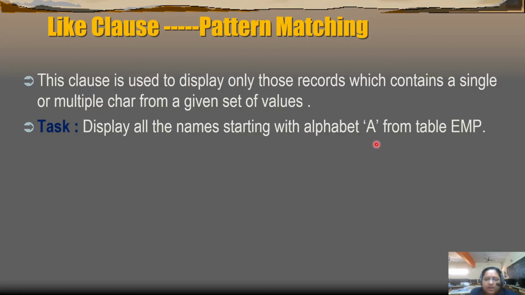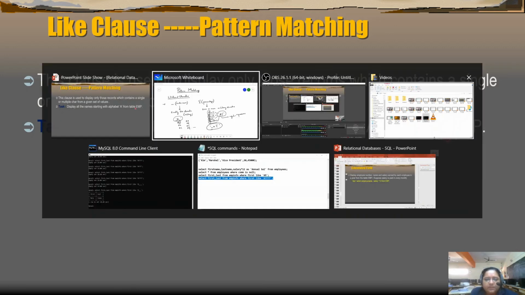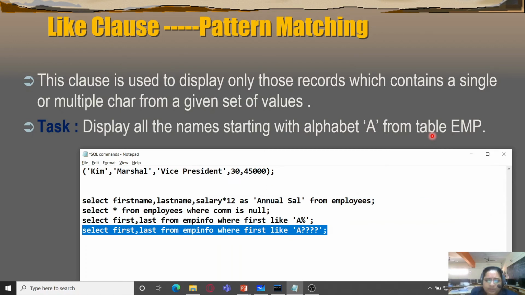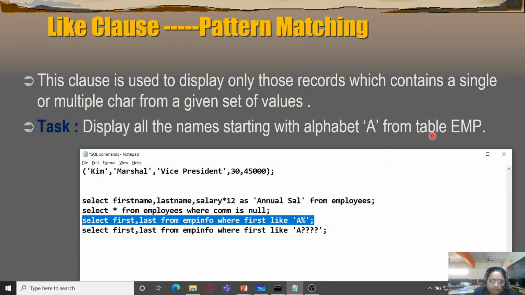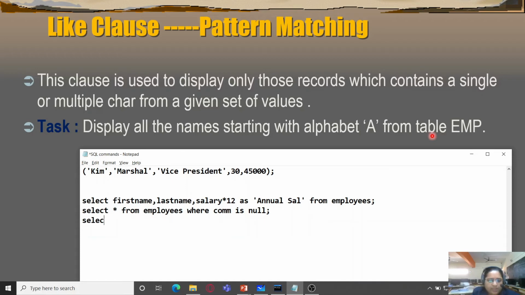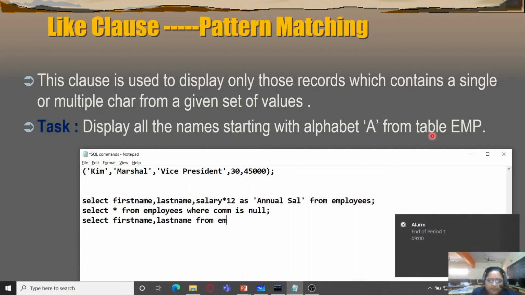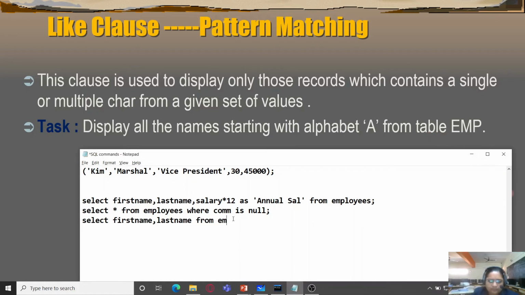So let's do it for this one. Display all the names starting with alphabet capital A from the table. We will be using the table mpinfo over here. So we write select first name, last name from employees where first name like, and you can see I've used the like keyword over here.